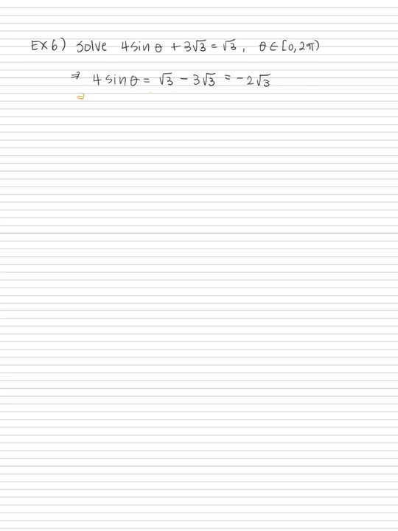So that implies that our sine of theta is negative 2 root 3, the whole thing divided by 4, reduce. So it looks like what we need to solve is sine of theta equaling negative square root of 3 over 2. Okay, which is opposite over hypotenuse.